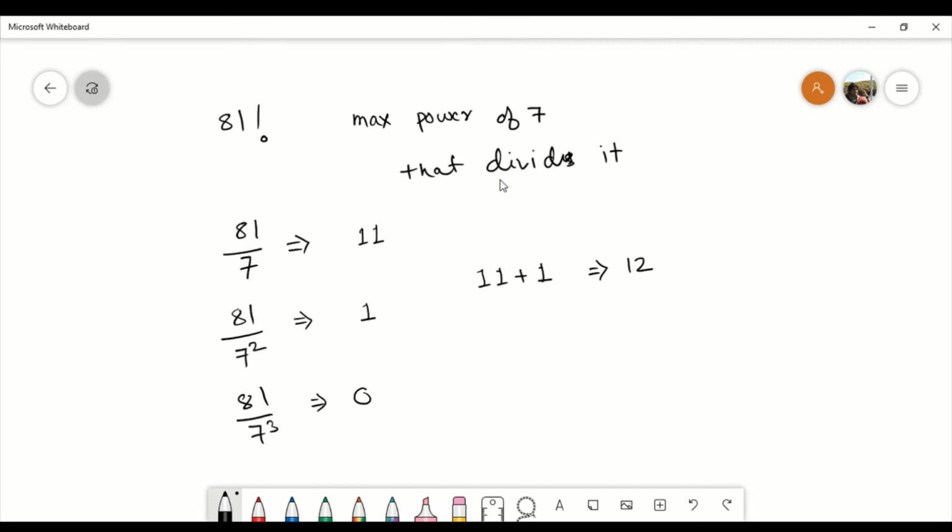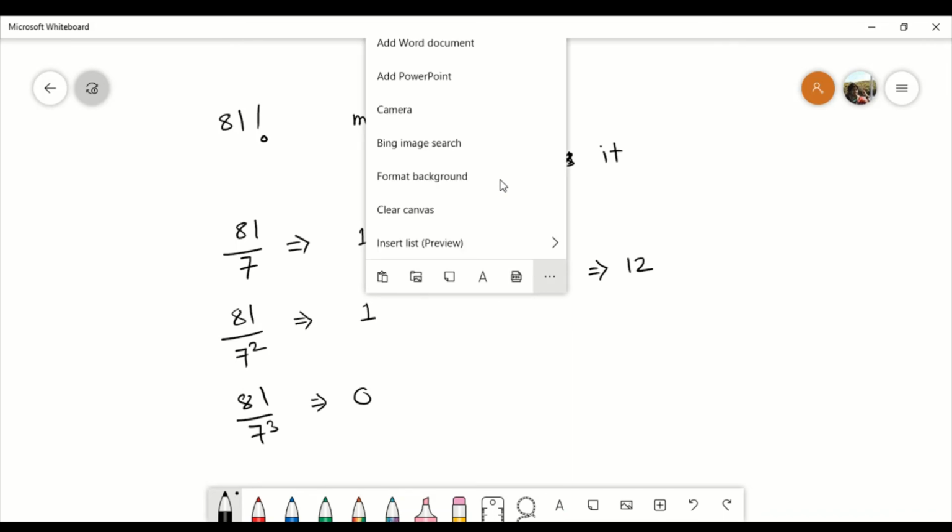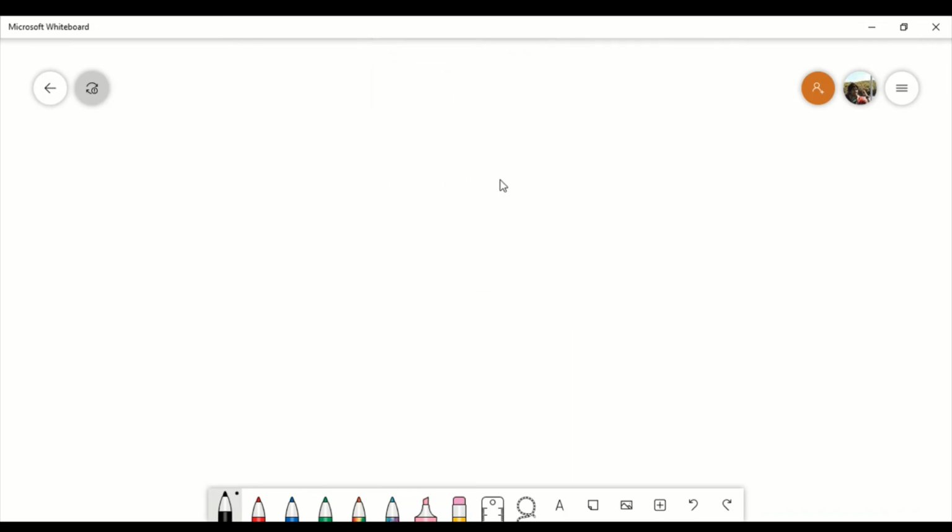But let's say I have to find the maximum power of b in a factorial. When I told you this, this b has to be a prime number, right?